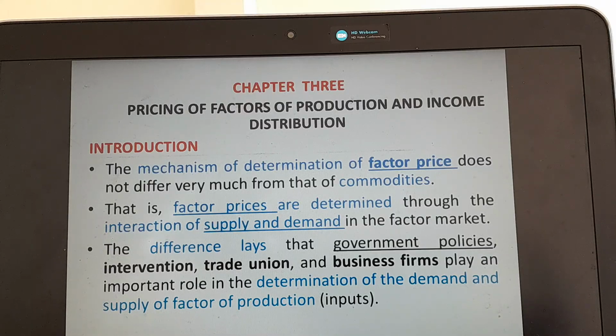In factor markets. Lamaan wasaa gidduu garaagartummaa nama tokkotti amma kanatti hin jiru waan ta'eef mee in ilaalla. The difference lies in that government policies affect market structuring and factor price. Isaan kun government intervention ta'uu danda'a, trade union ta'uu danda'a, business firms.